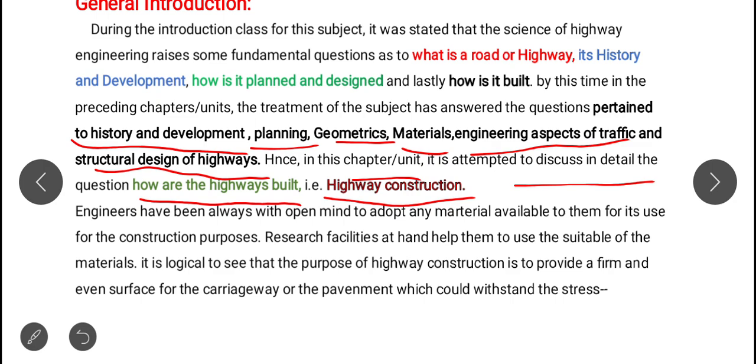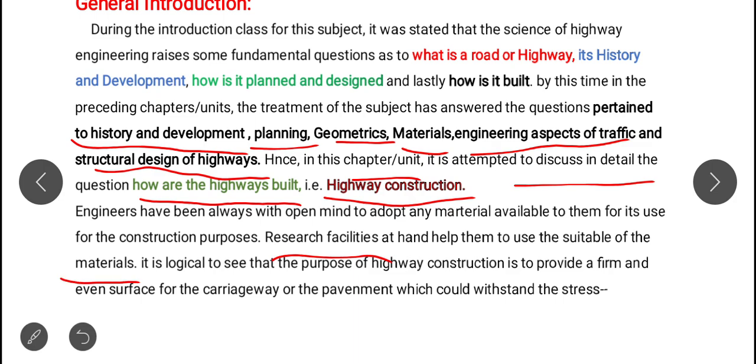Normally, engineers have always had an open mind to adopt any material which is locally available, so as to make the work more economical for construction purposes, whereas research facilities in hand help them to use the suitable ones among those materials available.